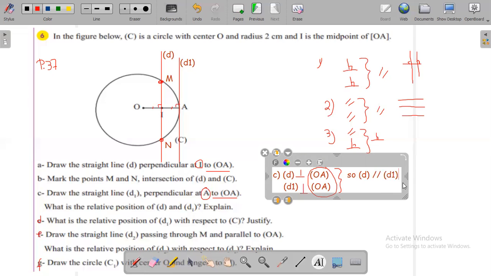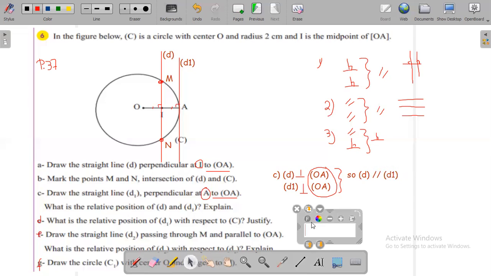And which rule is it? It is the first rule, and we write the rule.